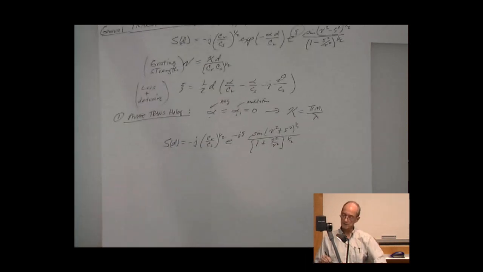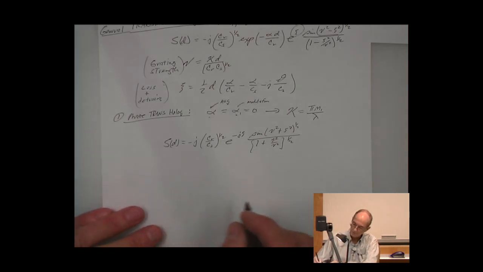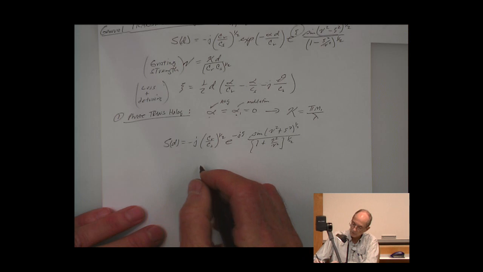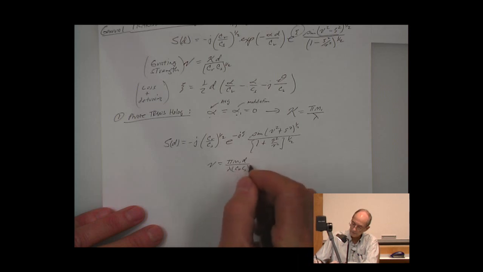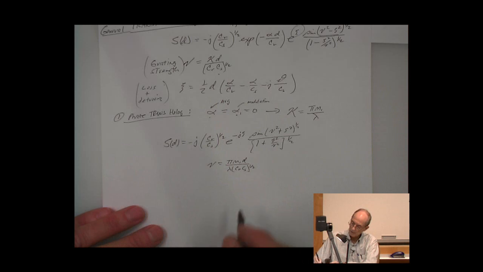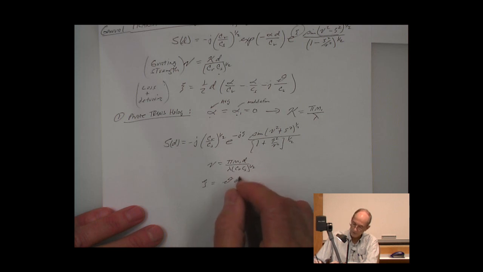So why did some of these signs change? Well, the signs change because we have new parameters. Well, the nu parameter stays pretty much the same. Nu is pi n1 d over lambda square root of C_R C_S, so that's just this one written out. But the chi parameter is now just equal to the detuning parameter d over 2 C_S.